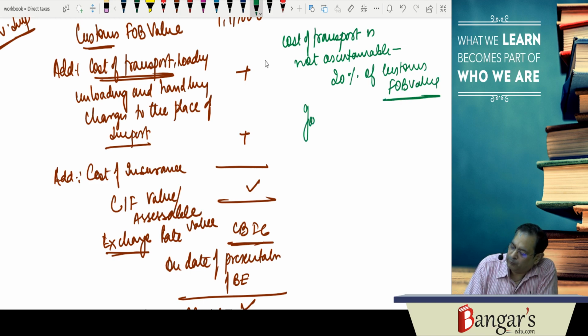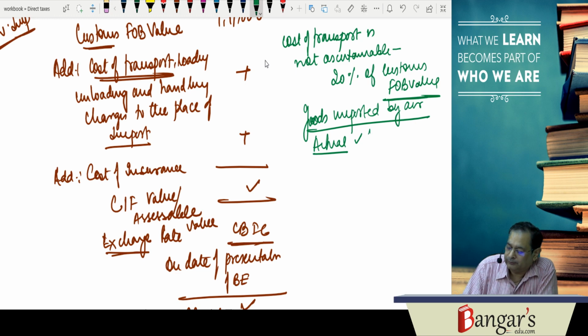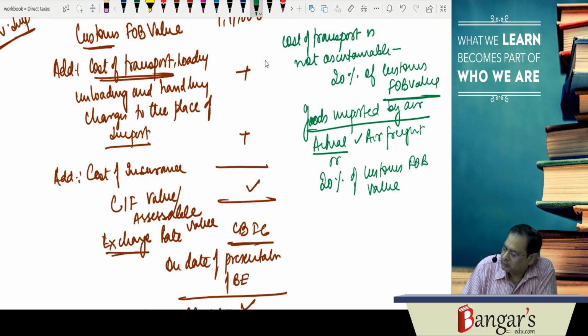If goods are imported by air, then the actual air freight will be seen, or 20% of the customs FOB value, whichever is less.